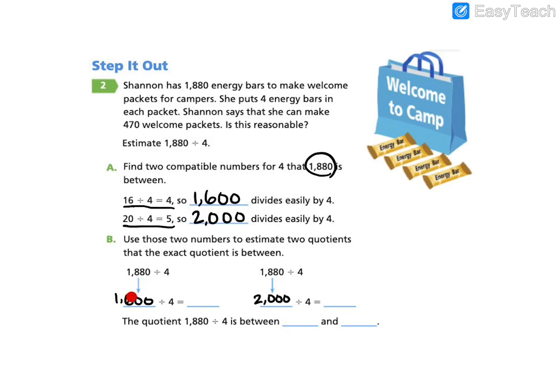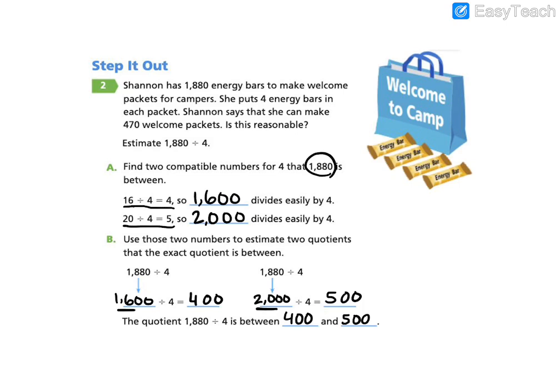So 1,600 divided by 4, or 16 hundreds divided by 4, will equal 4 hundreds. 20 hundreds divided by 4 will equal 5 hundreds. So we know the quotient will be between 400 and 500.